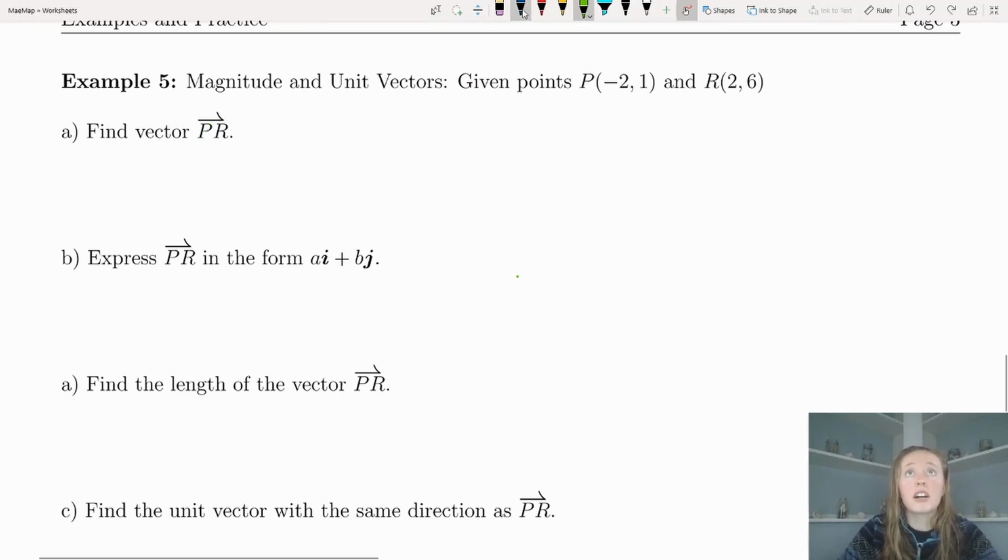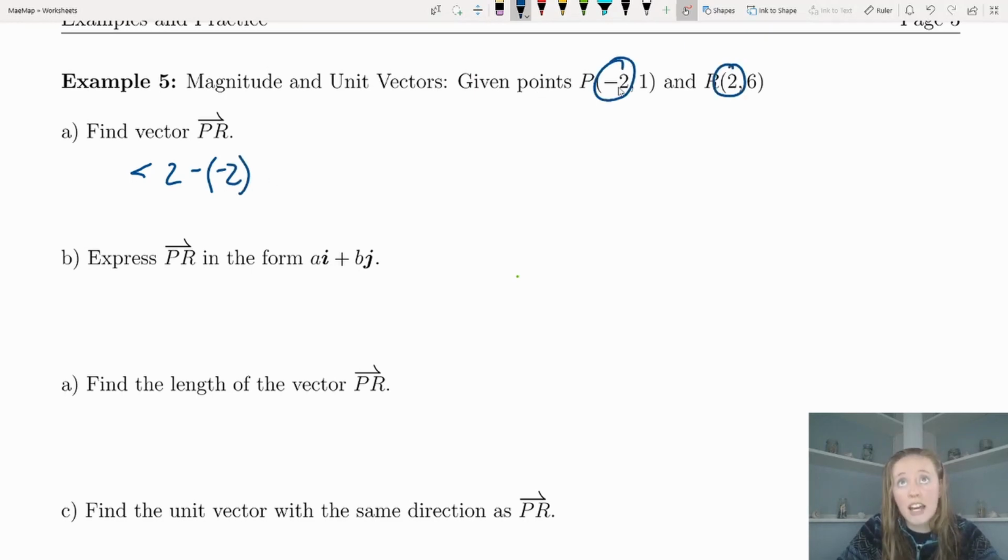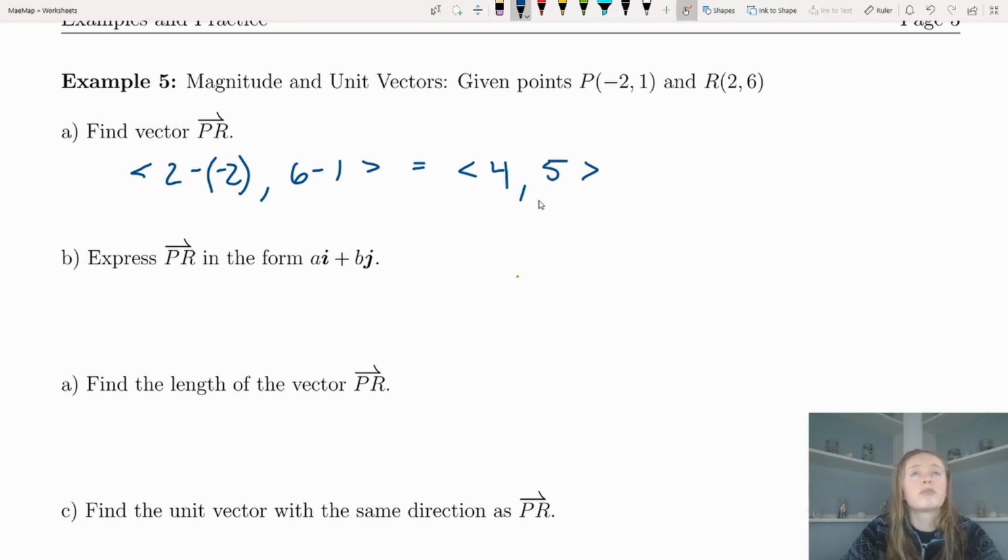So vector PR is going to be 2 minus a negative 2, the x-coordinate of R minus the x-coordinate of P, comma, the y-coordinate minus the y-coordinate, 6 minus 1. So this is going to be 2 minus a negative 2 is 4, and 6 minus 1 is 5. So vector <4, 5>.